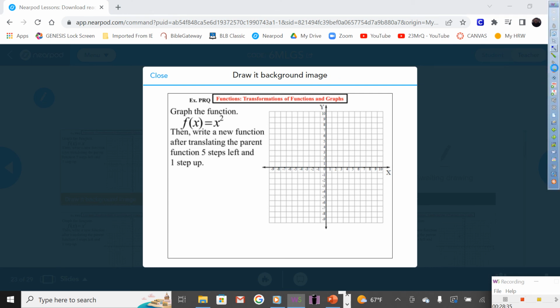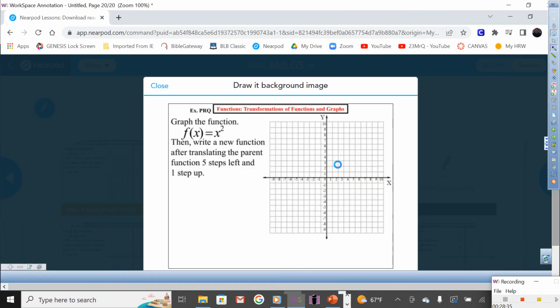Everyone, what are my first 2 points? 0, 0, 1, 1. And then the other ones are 2, 8, negative 1, negative 1, and negative 2, negative 8. And it should look like my parent function. And then from there, you know what to do with the rest. We'll stop right there.